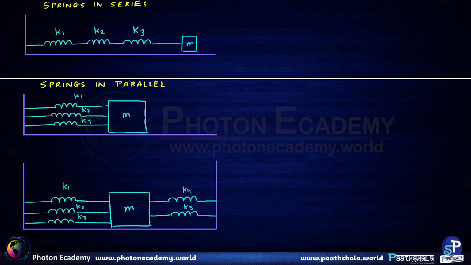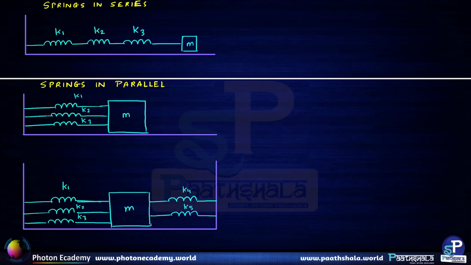Now if three springs, or in general n springs, are connected in series with each other as shown in the first diagram, then let us say I extend this spring by an extension x.